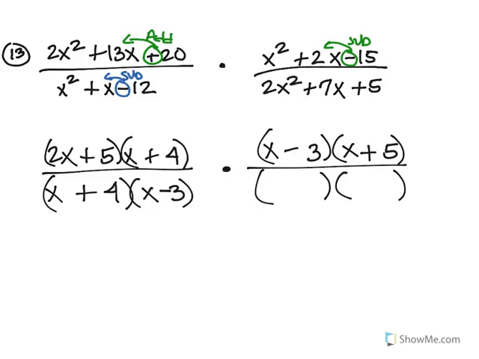Good. And then on the bottom, we're adding, and in the front, we can't use but 2x and 1x, and in the back, you can't use with 1 and 5, but I'm going to put the 5 with my 2, so I can add that up. 2x and 5x make 7x, and both of them positive.